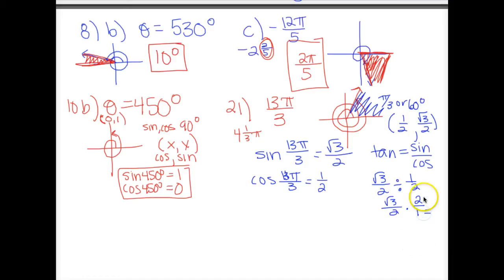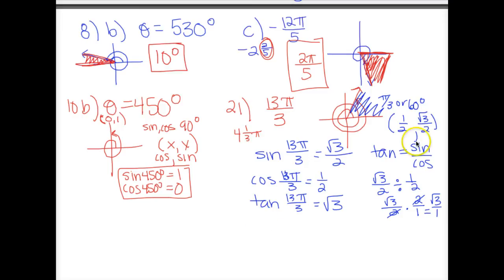So when I do that, these can cross cancel. On the top, I have radical 3 times 1, which is radical 3. On the bottom, 1 times 1 is 1. So radical 3 over 1, which is just radical 3. So the tangent of 13 pi over 3 is just radical 3. All right, so that wraps up activity 32.